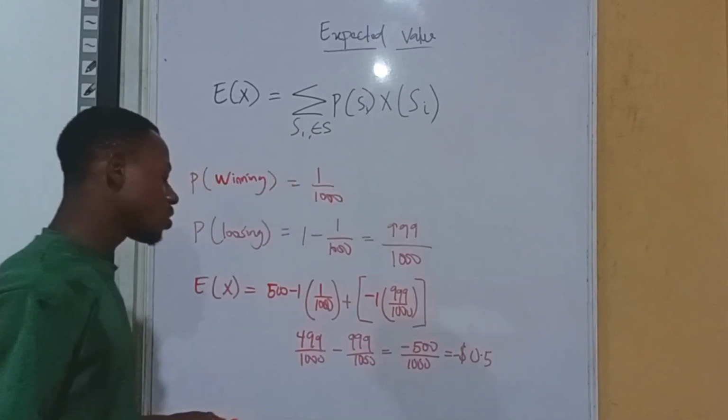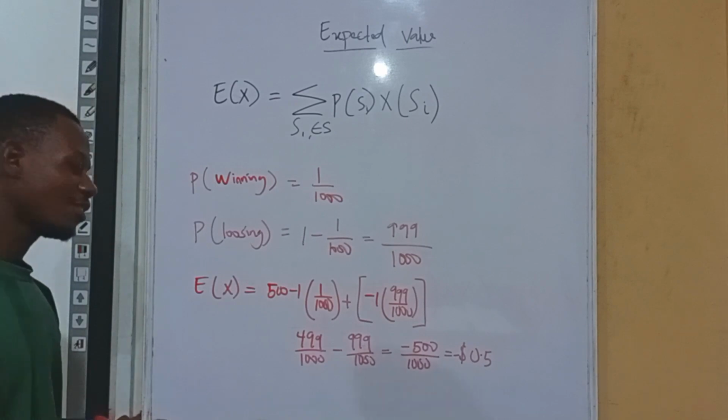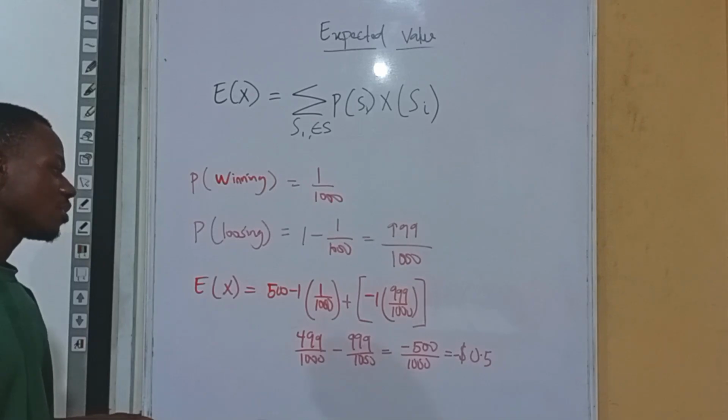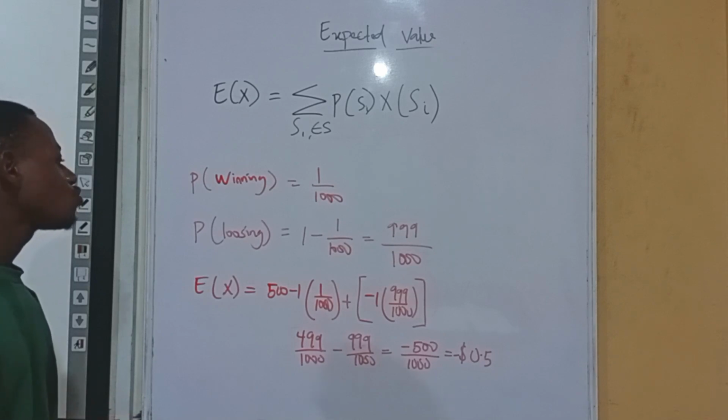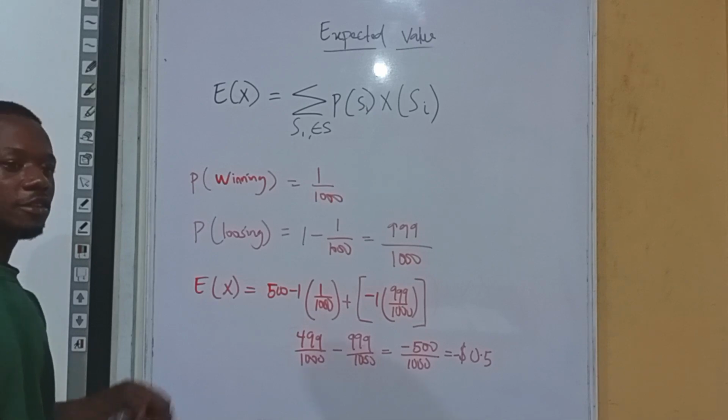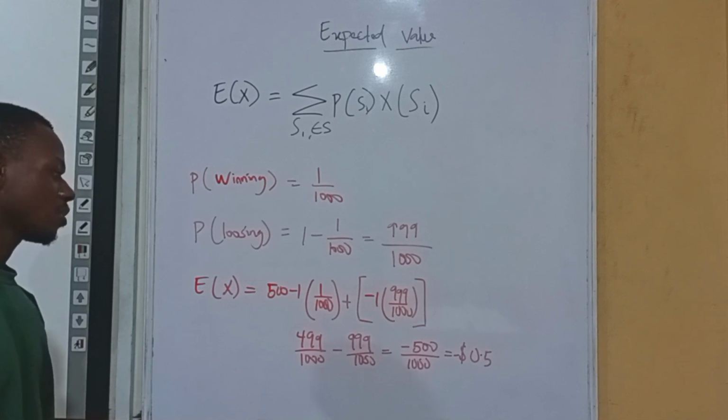So that means every ticket that this person buys, he loses $0.5. So even if the person decides to buy all the 1,000 tickets to try to win, at the end of the day, he's going to still get back only the $500 for the $1,000 he invested in buying all the tickets.